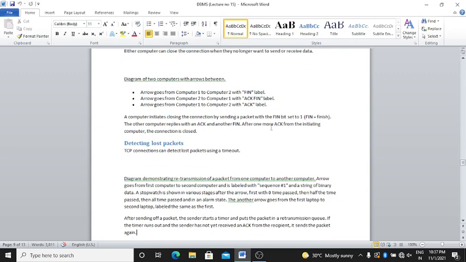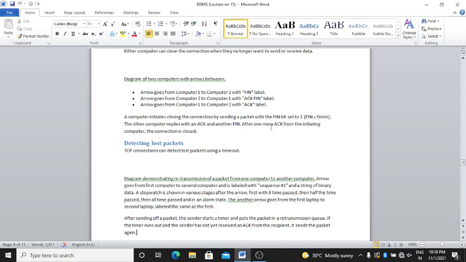We can detect lost packets after a timeout. Diagram demonstrating retransmission of a packet from one computer to another. An arrow goes from the first computer to the second computer, labeled with sequence 1 and a string of binary data.